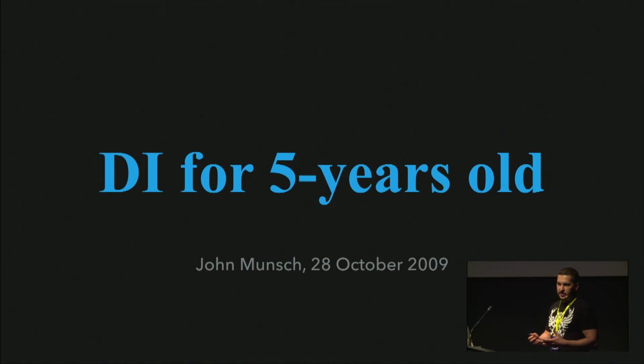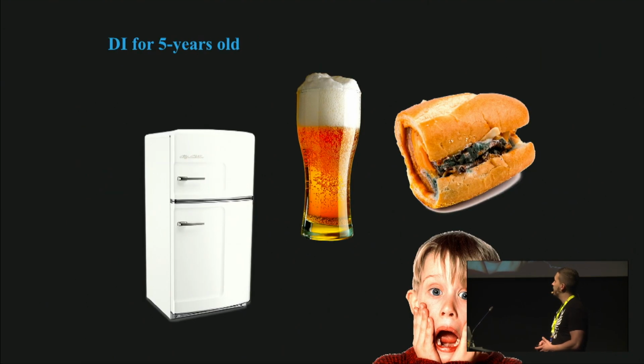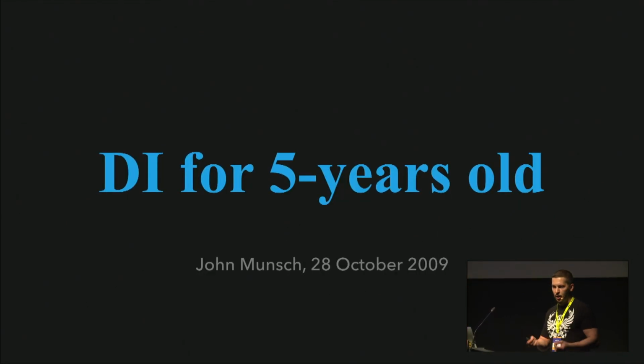Their approach to explaining the patterns was proposed almost 10 years ago. Imagine you are explaining a pattern to a 5 year old boy or girl, whatever. Imagine Home Alone, and he wants to eat and drink something. He goes to the refrigerator, and this is where the funny part starts.